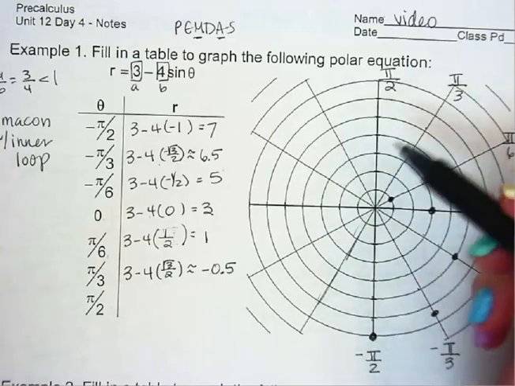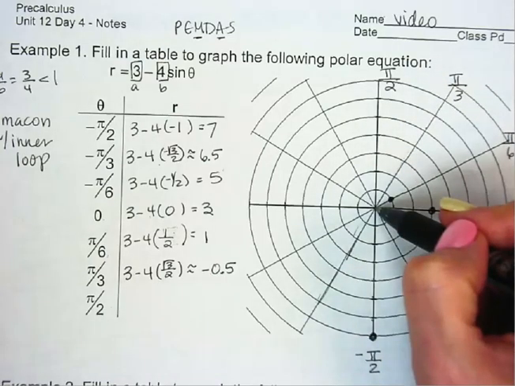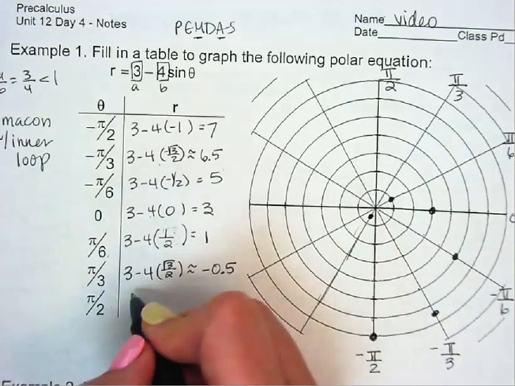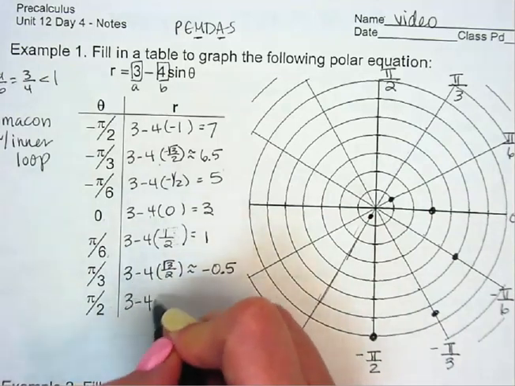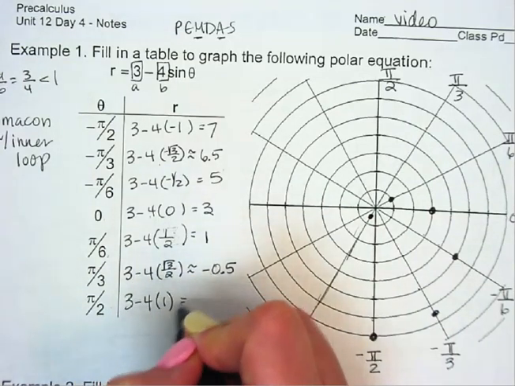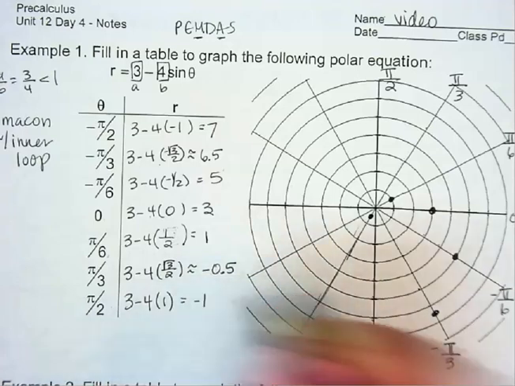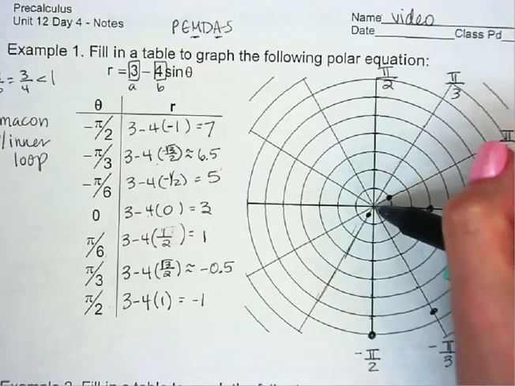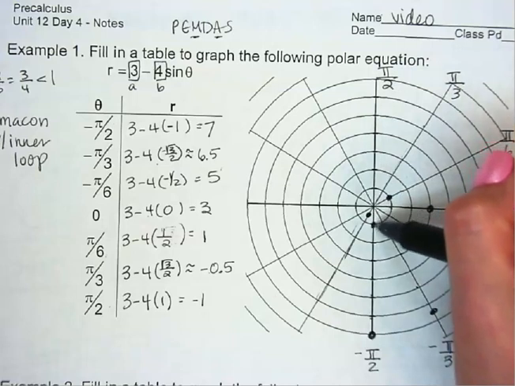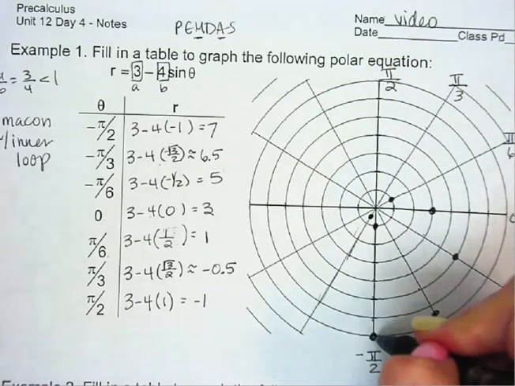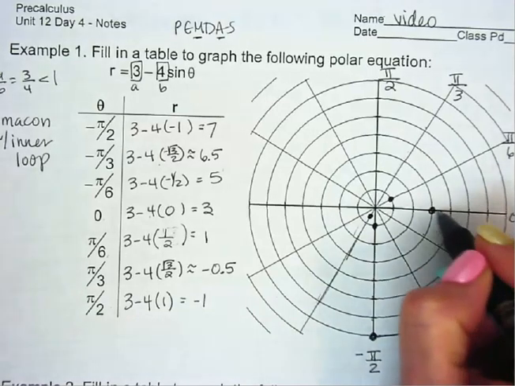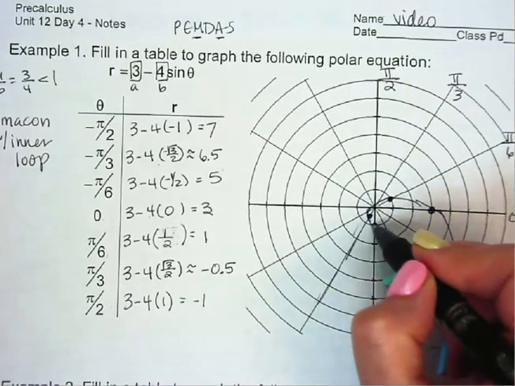To count -0.5 for an r, I'm going to go backwards this way. And then for π over 2, the y value is 1. 3 minus 4 is -1. So again, here's my π over 2 pole, but I need to count backwards this way at 1. And you can see here that I only have half of my limacon.